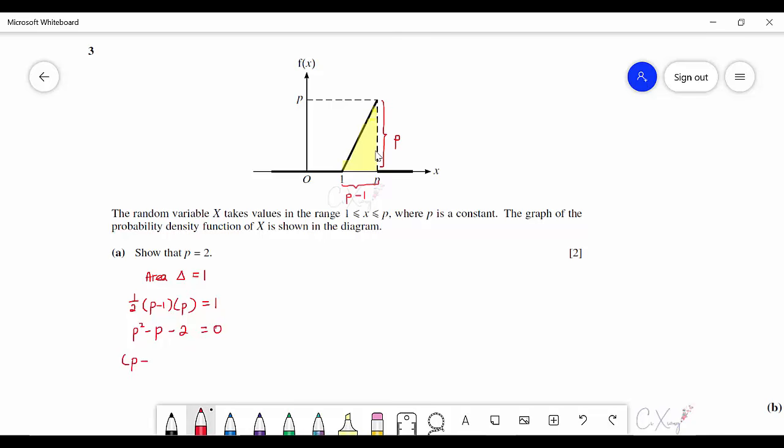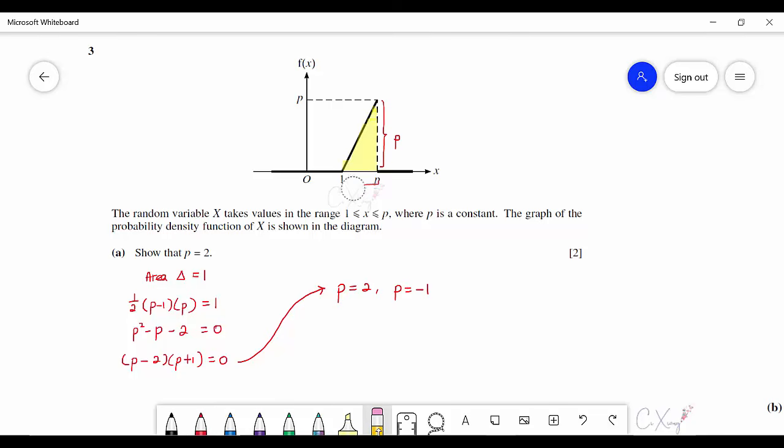From here, you get a quadratic equation in terms of p. Therefore, you have to factorize it to get the answer for p. You will see that p equals 2 and also p equals -1. Which is the correct answer in your opinion?